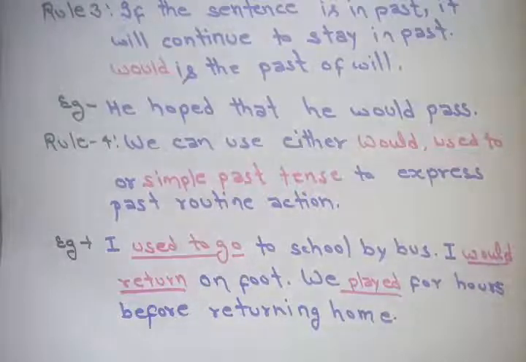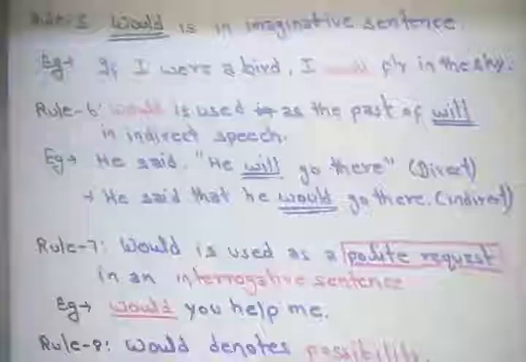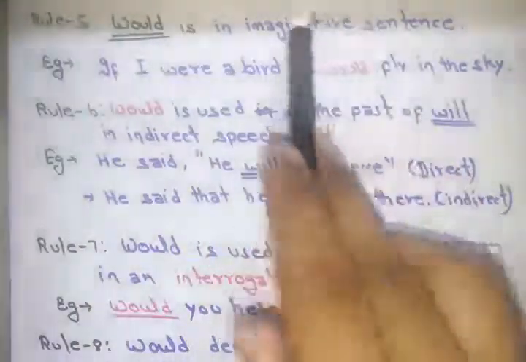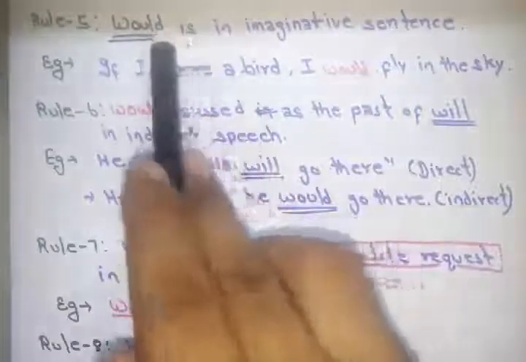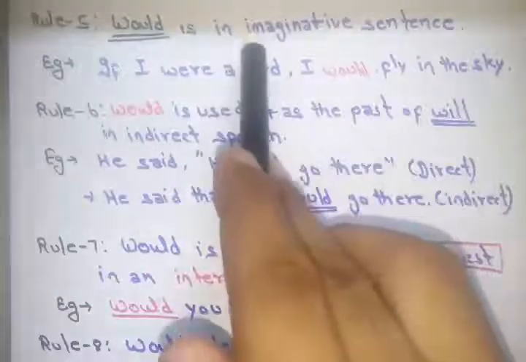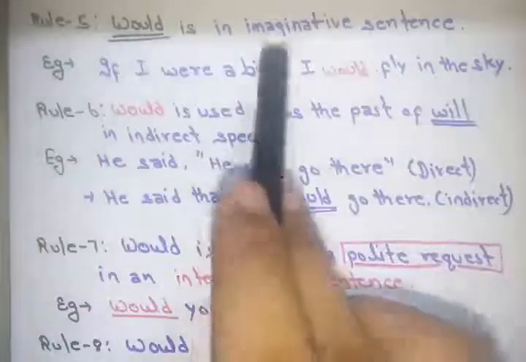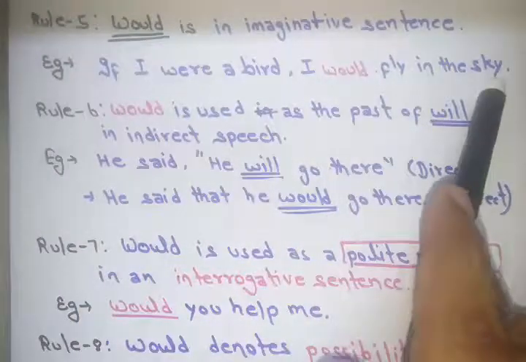And the next rule, number five, is that "would" is used in an imaginative sentence. So "would" shows the imagination in a sentence. For example, if I were a bird, I would fly in the sky.